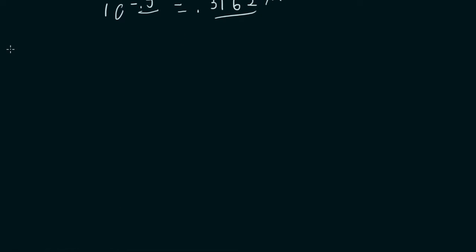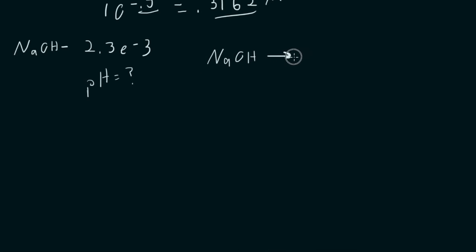Now let's try something else. Let's say I have some sodium hydroxide, and it's got a concentration of 2.3 E negative 3. What's going to be the pH of that? Well, now this is a little bit different, because notice, this is not going to go through that same hydrolysis reaction. If I have NaOH in a solution, it's going to split up into Na plus and OH minus.